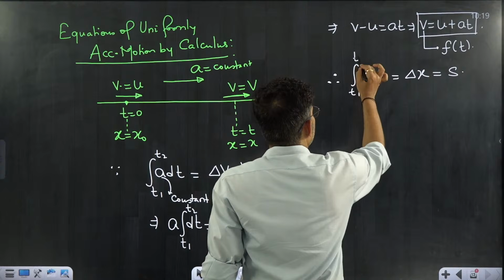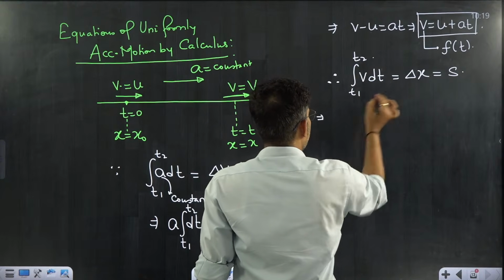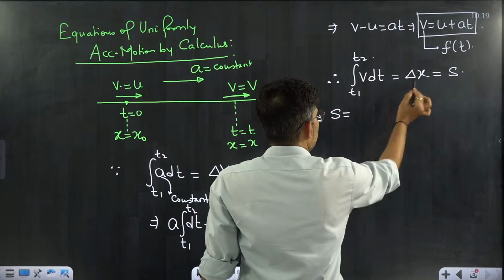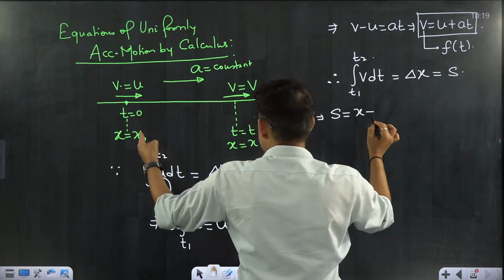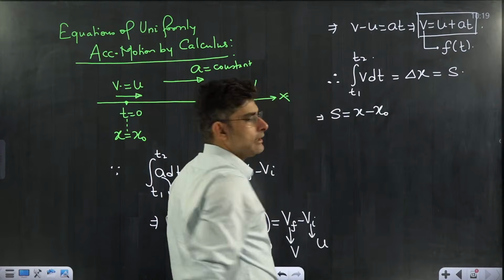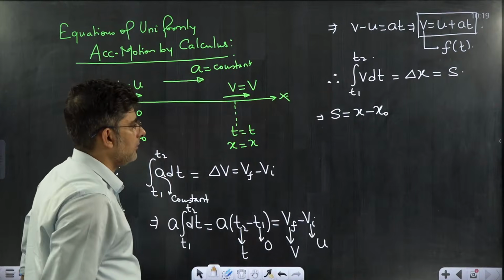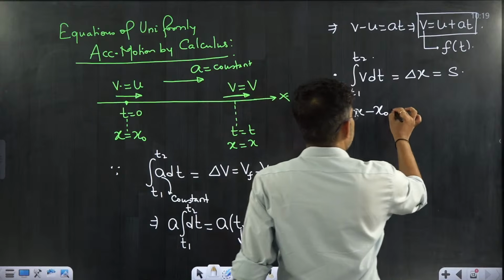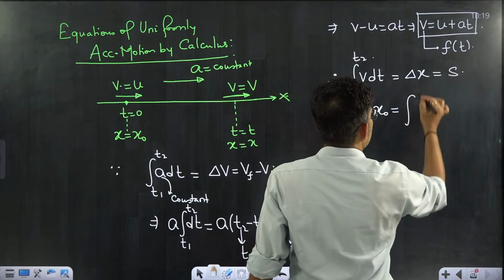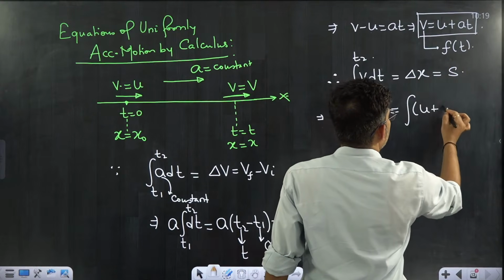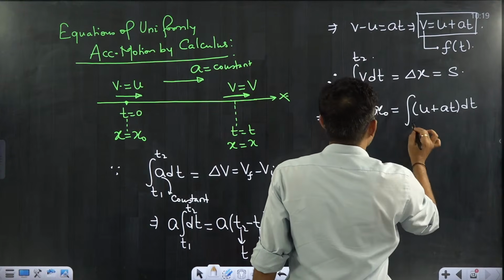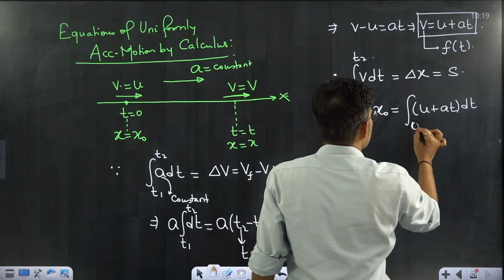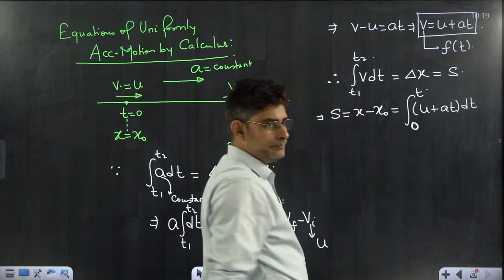So if I want to write displacement, that is change in x, it is x minus x initial. x initial I had taken as x naught, so x minus x naught. This value will be the integration of velocity. What is velocity we have taken? We have taken u plus at, dt from t1 to t2. t1 I have taken as 0, t2 I have taken as t.